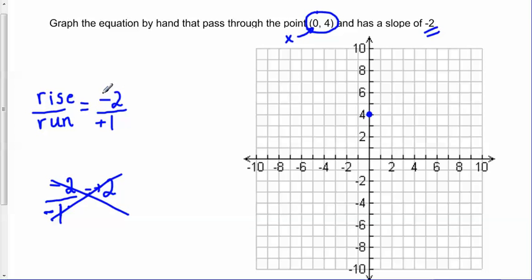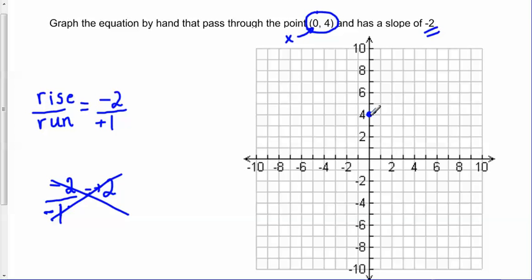When we're dealing with a negative slope, that negative sign can only go in one of the two places. It can only go with the rise like we did it here. We could also put it only with the run and make the rise positive, but that would be a little bit weird in this situation. So let's go ahead and use our slope now to come up with a couple more points on our line. So we have -2 over +1.